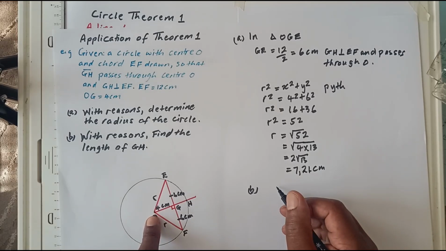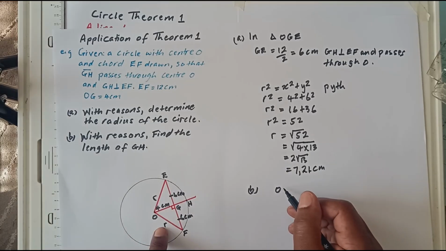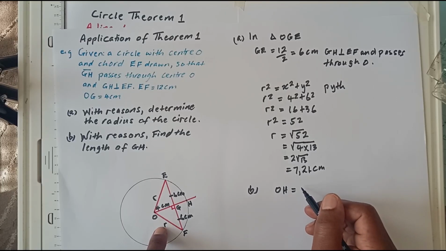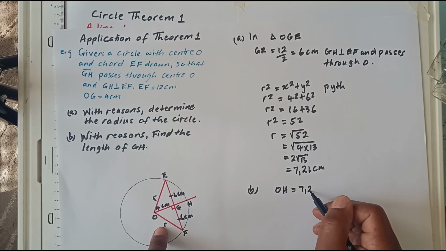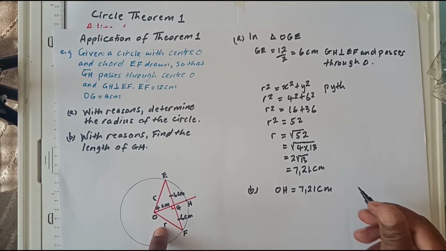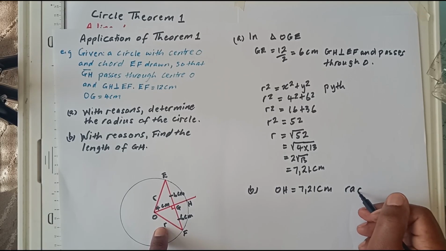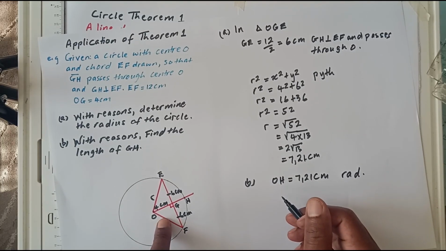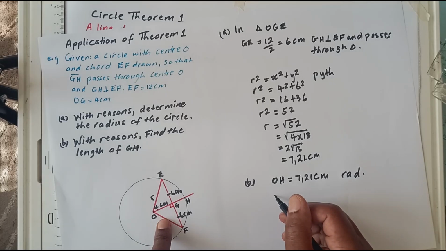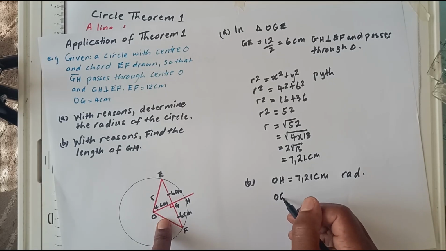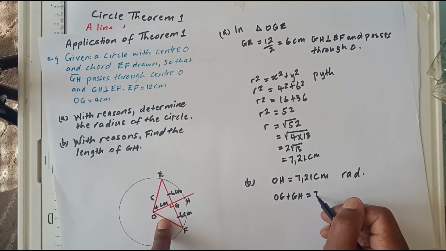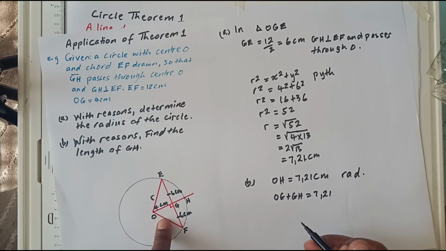So we can start by saying OH is equal to 7.21 centimeters. The reason is that it is the radius of the circle. So once we have that, we can say OG plus GH is equal to 7.21.